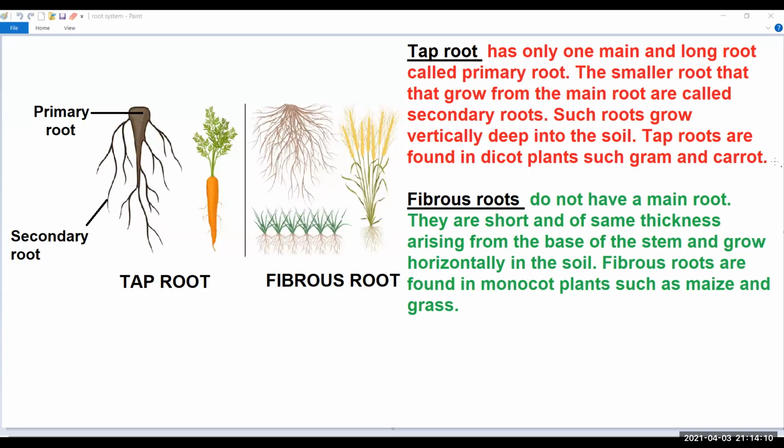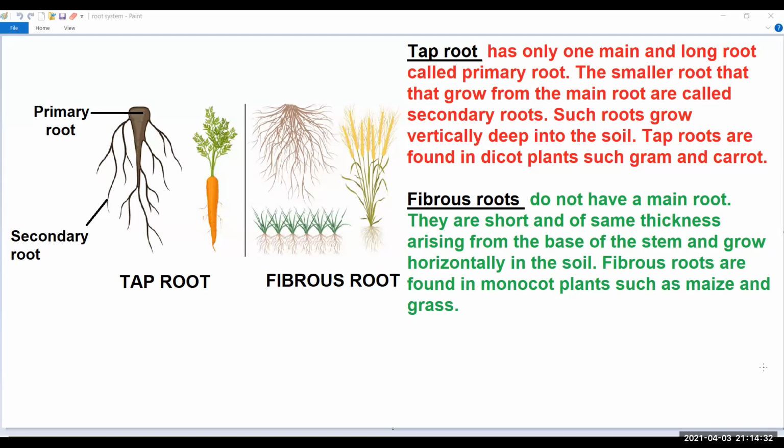Children, roots are further of two types, taproot and fibrous root. Taproot has only one main and long root called primary root.